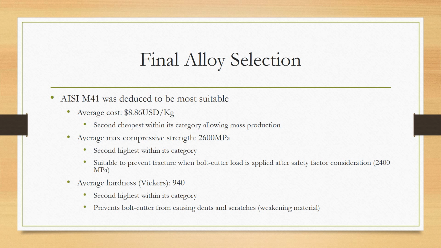After this decision matrix, we came to the decision that we will go with AISI M41 steel, as it exceeds both the compressive strength value and the average hardness value that we're looking for, and for lower cost than the other steel that we're looking at.